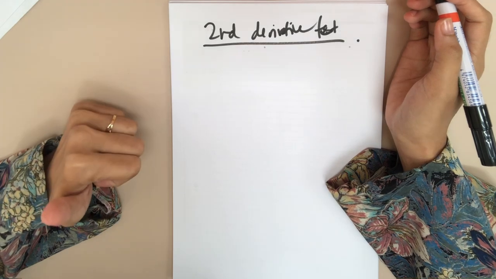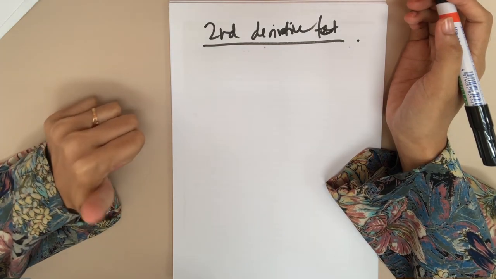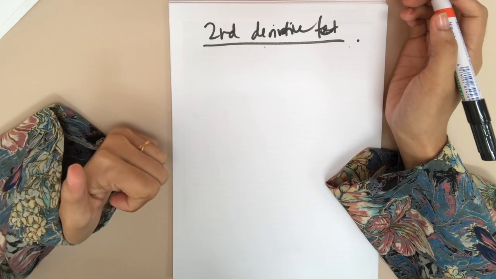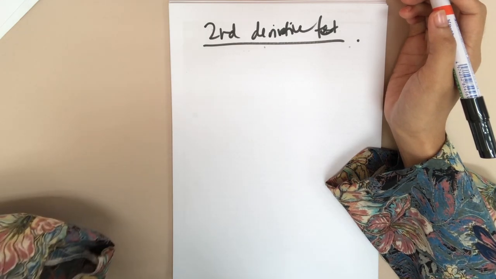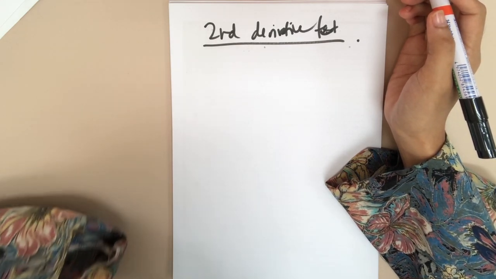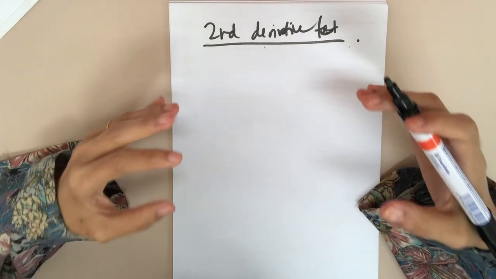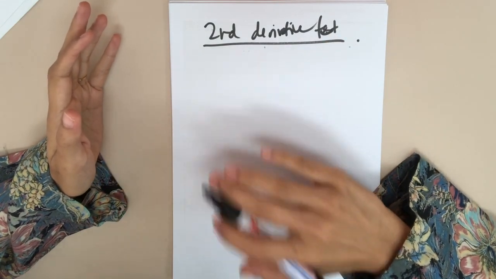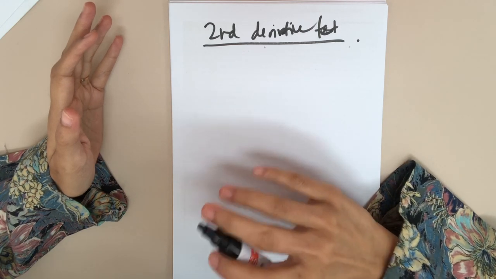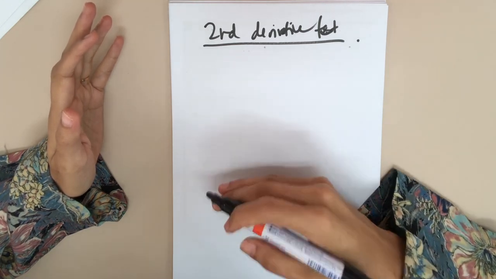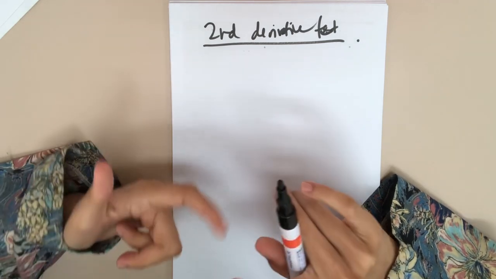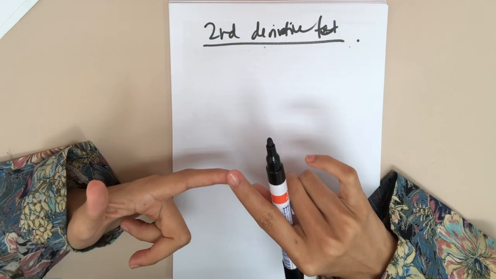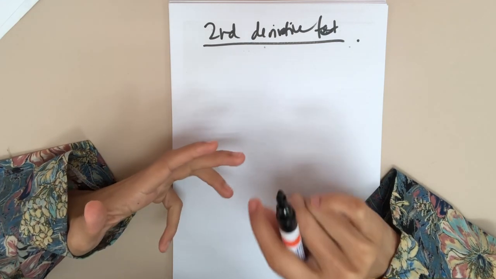If the first derivative test is to determine the critical point, then the second derivative test is to determine whether the critical point that we calculated just now is a local maximum, local minimum, or saddle point.